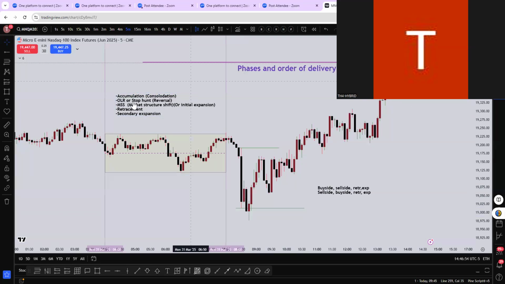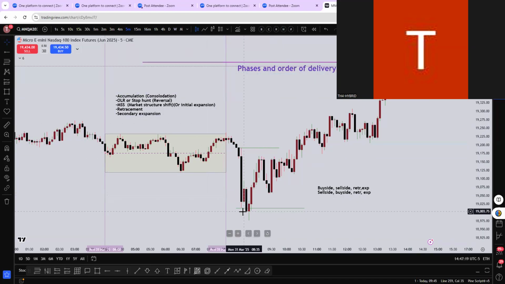This is a necessary part of market movement. So OLR, stop hunt, revert can be the catalyst to a reversal. This is also manipulation. In the AMD fractal, accumulation, manipulation, and then we distribute above the high of the original accumulation to our target.